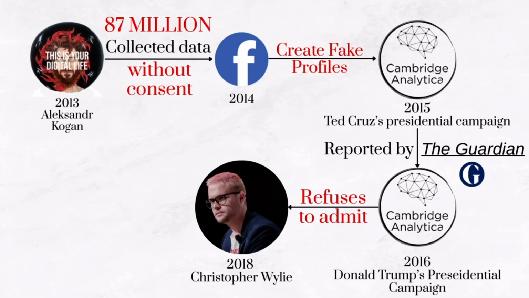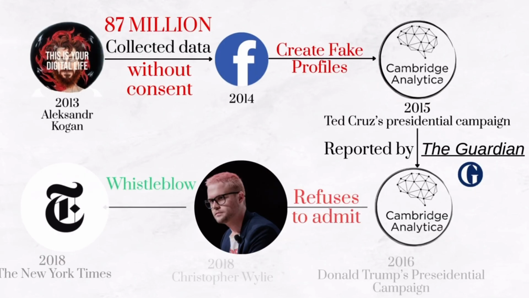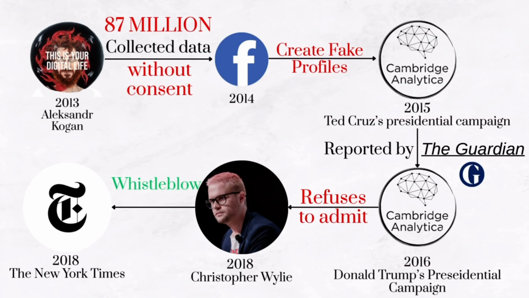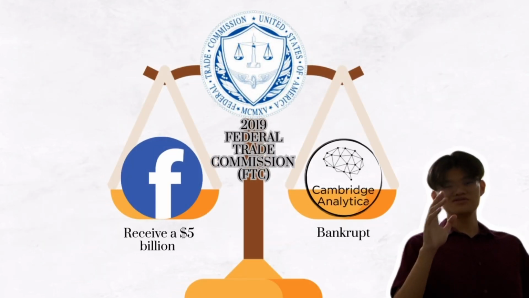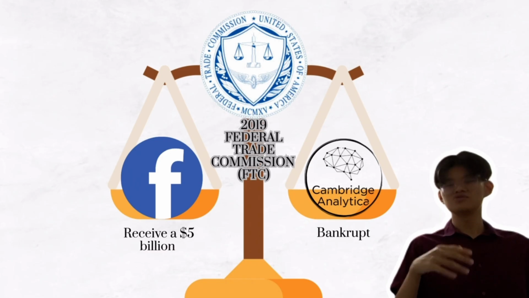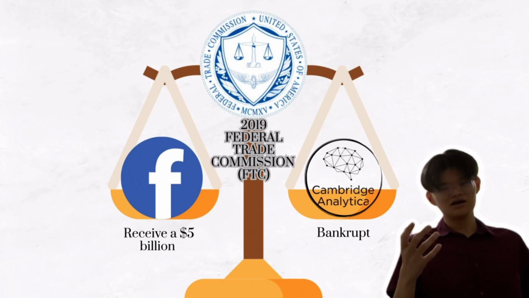In 2018, Christopher Wylie, acting as the whistleblower, exposed all the unethical actions made by Cambridge Analytica to The Guardian and the New York Times. The Federal Trade Commission (FTC) noticed this and started to investigate the problem.